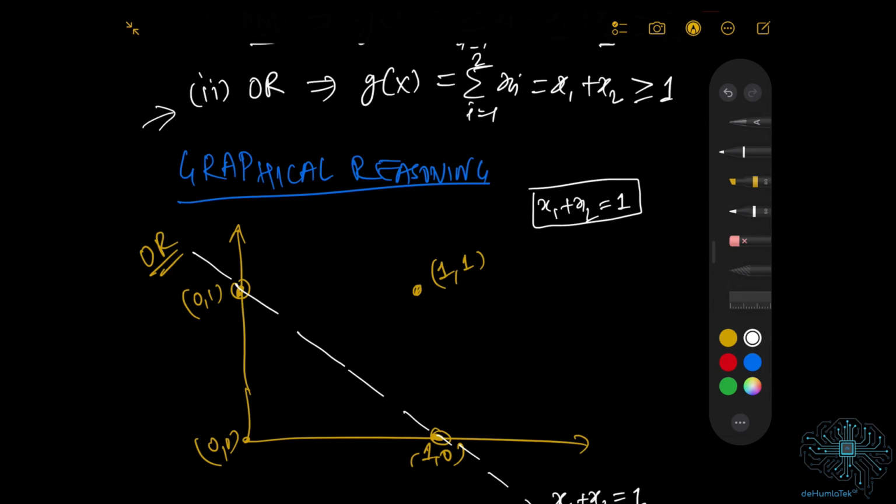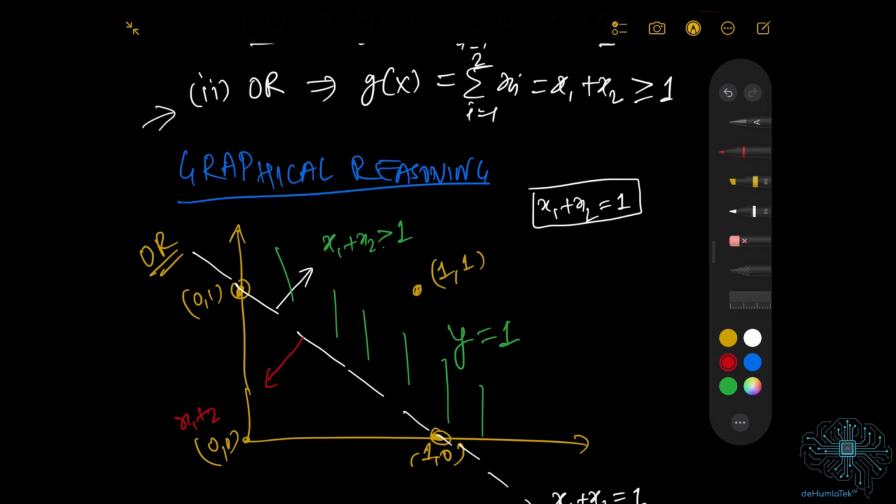This section is where x1 plus x2 is greater than 1, and here our output will be 1. This other section is where x1 plus x2 is smaller than 1, and here our neuron will not fire.